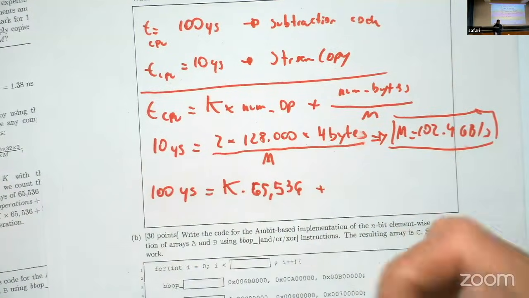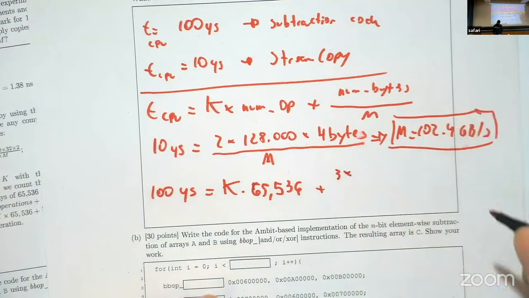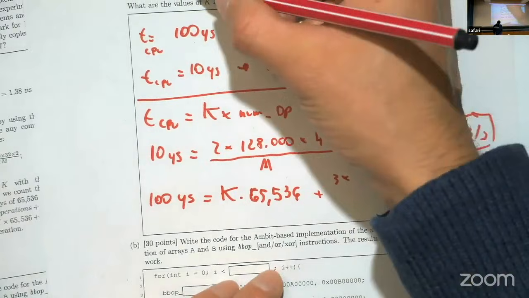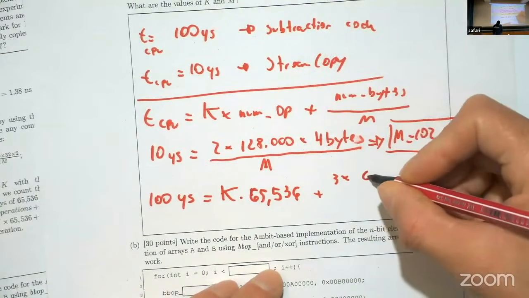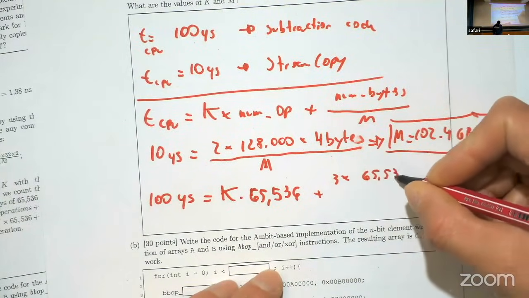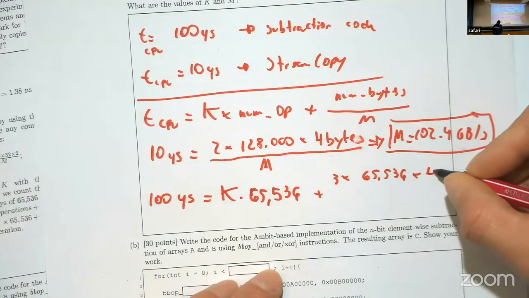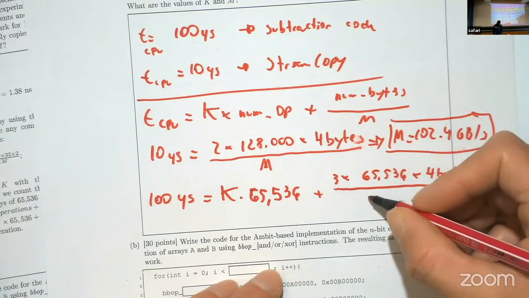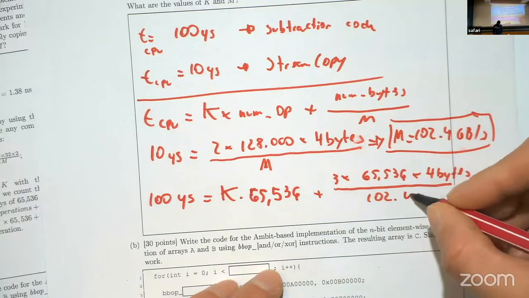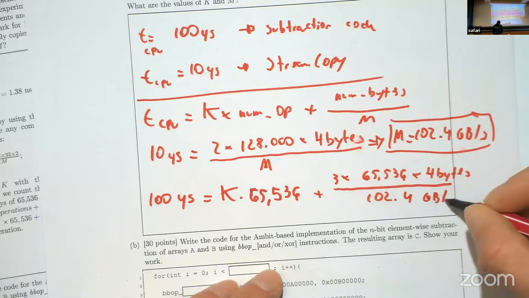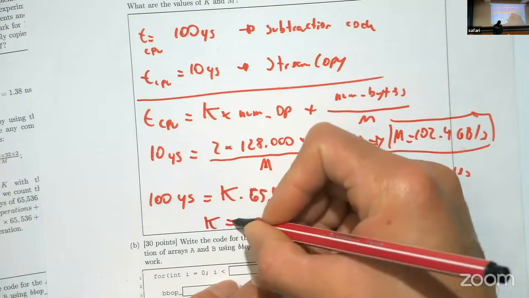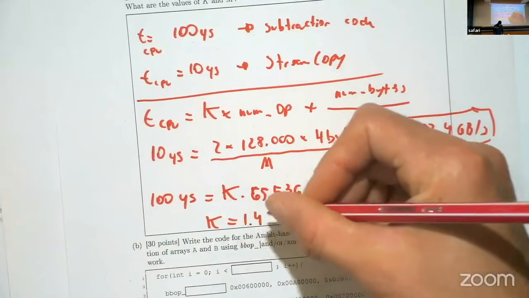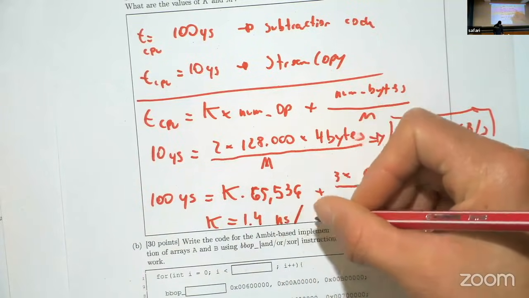So now you have 3 arrays, and you read 65,536 elements, each 4 bytes, and the throughput is 102 gigabytes per second. And then if you isolate K here, you're going to find 1.4 nanoseconds per operation.